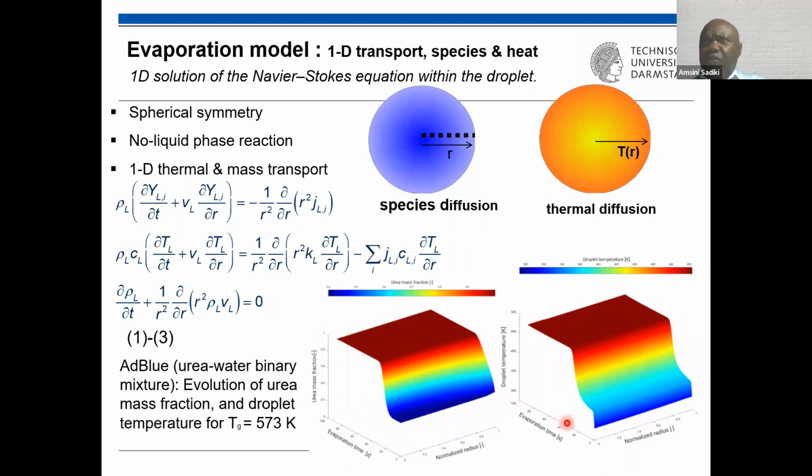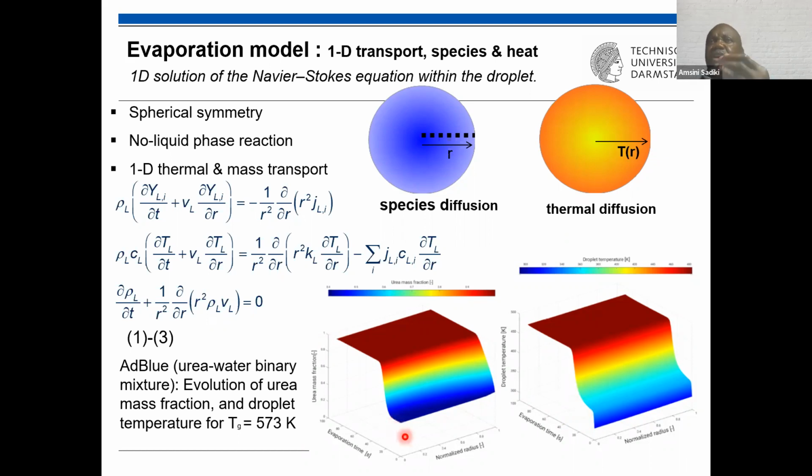Okay, if we have this, we see the evolution of the droplet temperature, the heating, the starting of evaporation, and the starting of the growth of the temperature, and the temperature remains constant. And this goes together with the evolution of urea mass fraction.